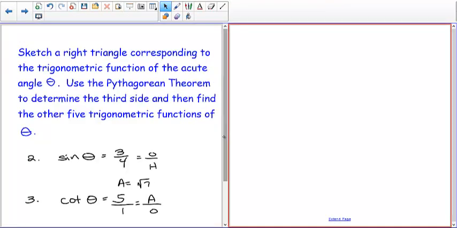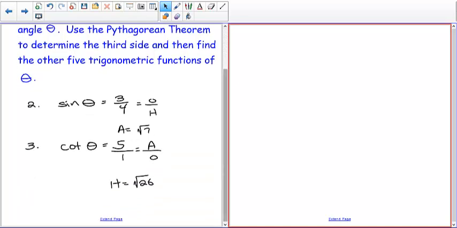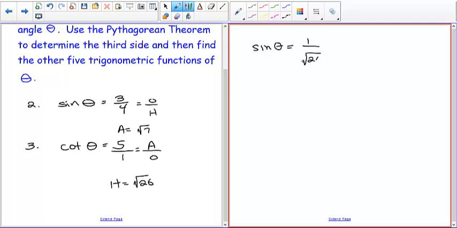So now we're going to add a page and do our stuff. So you've got the sine of theta. That's opposite over hypotenuse, which is going to be equal to the square root of 26 divided by 26.